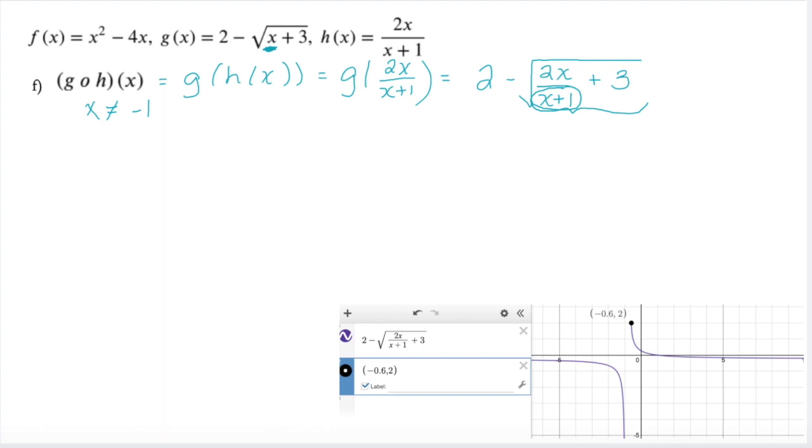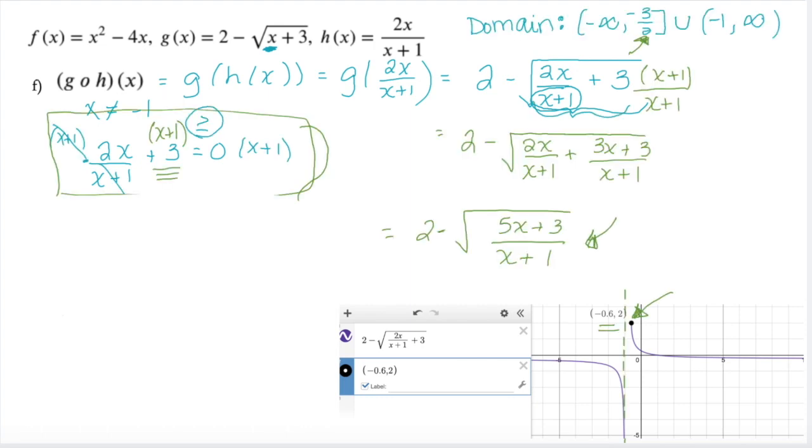We also need to find another critical value for where our entire piece underneath our radical is equal to 0, so that we can make sure that this in itself is greater than or equal to 0. So our x plus 1 is still going to disappear, but now we need to take our 2x plus 3 times x plus 1, so that truly everything is being multiplied by x plus 1 when we eliminate our denominator.